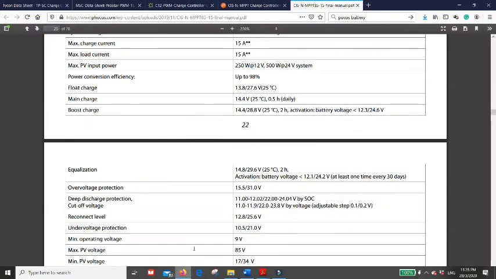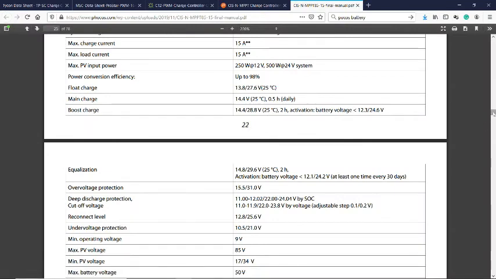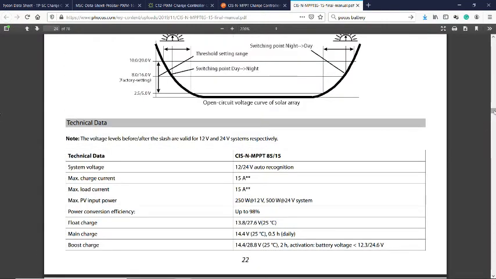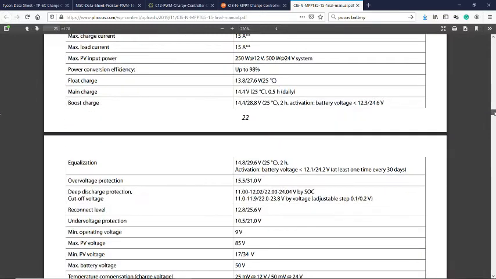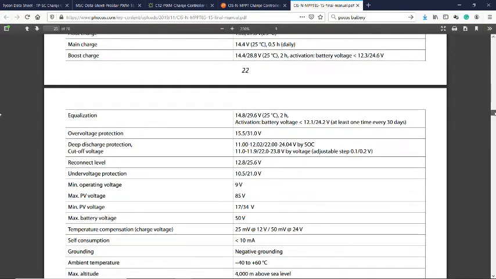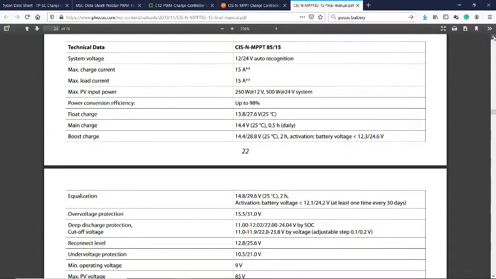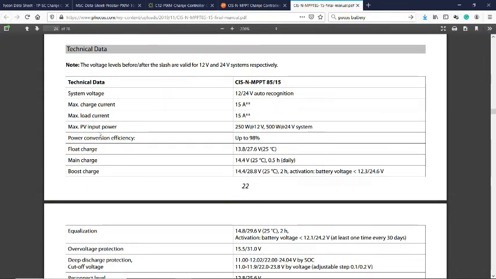So let's check the current rating for this MPPT type charge controller. So this is the maximum charge current. 50 ampere. Okay. So this is the voltage. So maximum load current and maximum PV input power is 15 ampere. Same thing. So the current rating is 15 ampere.